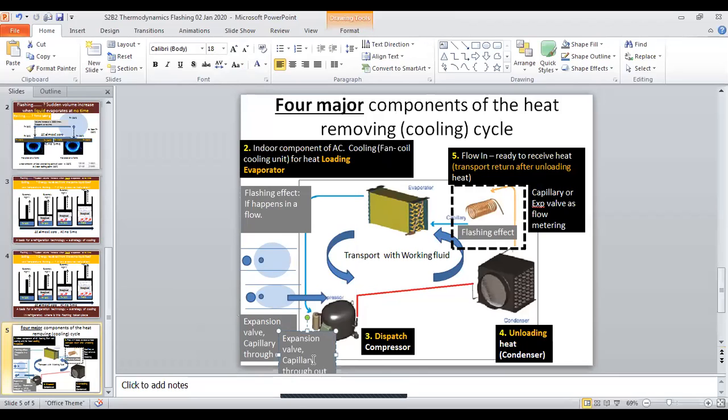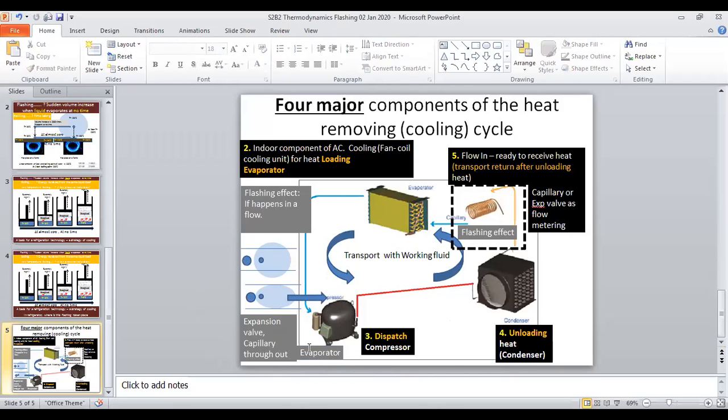If the flow passage is not big enough, there can be flashing effects, but make sure that the flashing effect is for liquid.